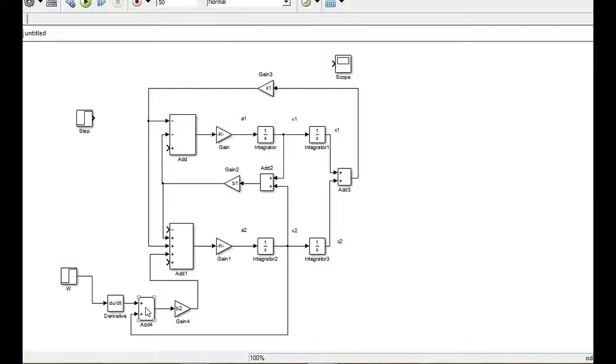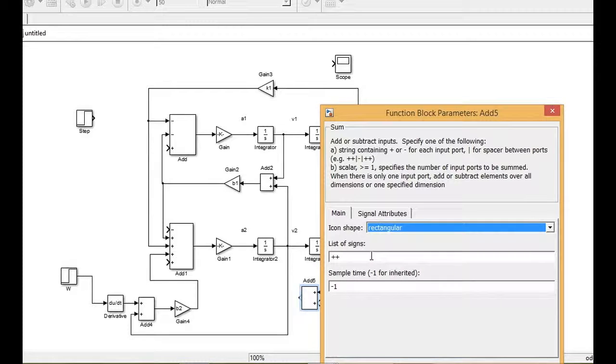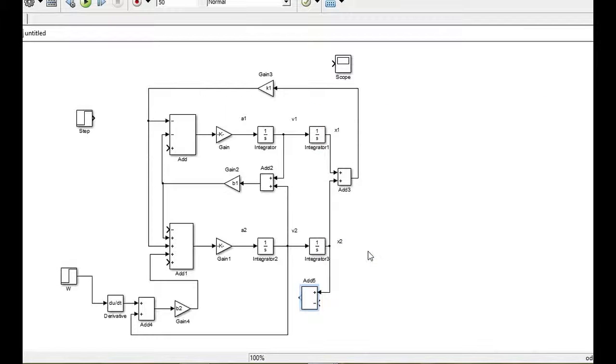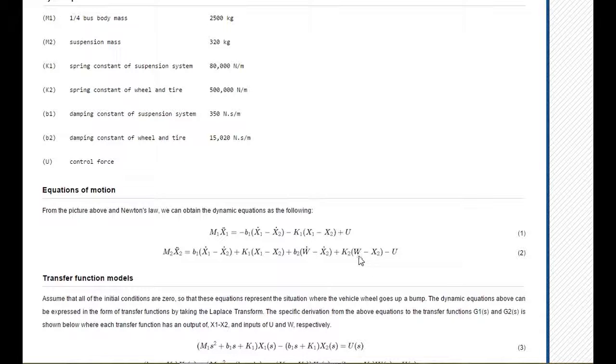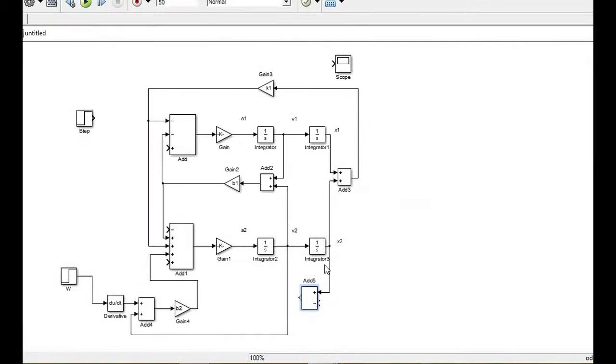Now I have another element left in the equation, that is, sorry, it's w minus x2 times k2, right? Oh, I'm very sorry, but I think it has to be plus and minus, right? Yeah, but I have used it as plus plus. I'll have to change it. It's w minus x2, right?